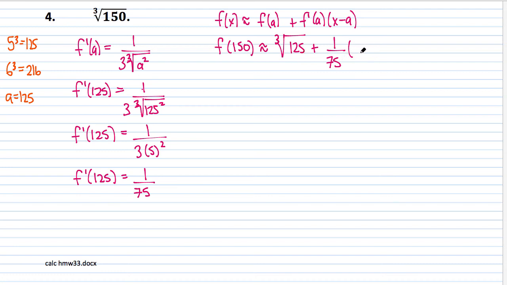That will be x minus a, so 150 minus 125, which is 25 in the end. So our function will be approximately 5 plus, in this case, positive 25 over 75, which hopefully you recognize as a third.